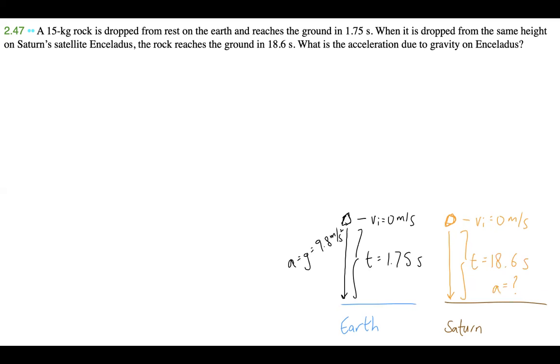Now that we have a diagram, let's write down all of our knowns and unknowns. Let's do that in green. Knowns: on Earth, Vi is equal to 0 meters per second.